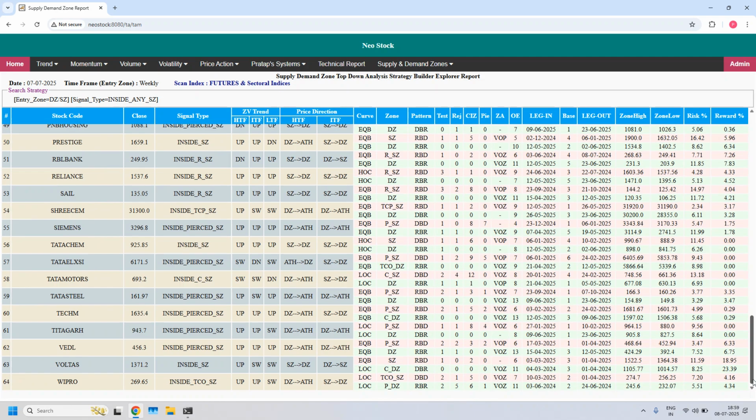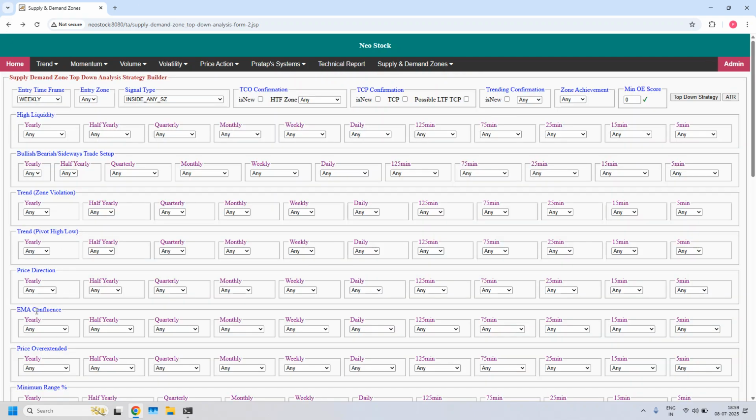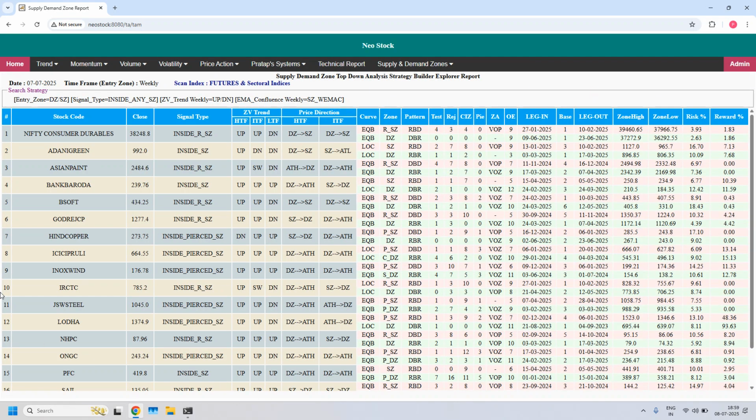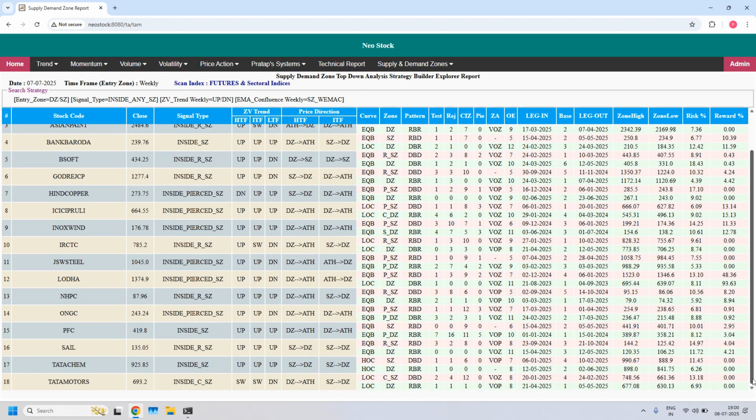We can further filter with weekly supply zone having weekly EMA Confluence, and also trend on the weekly should not be sideways. It can be up or down. Total 18 stocks are filtered.